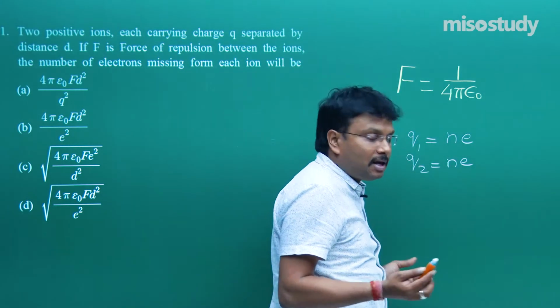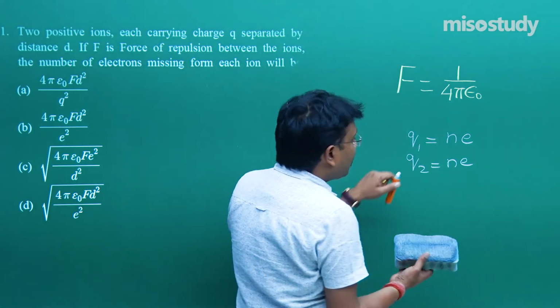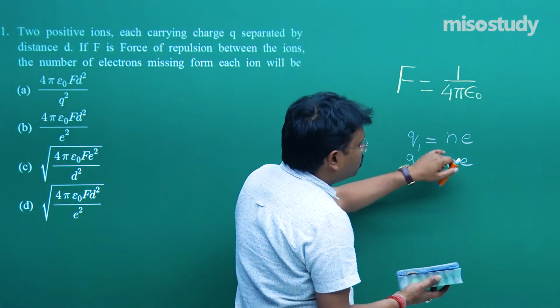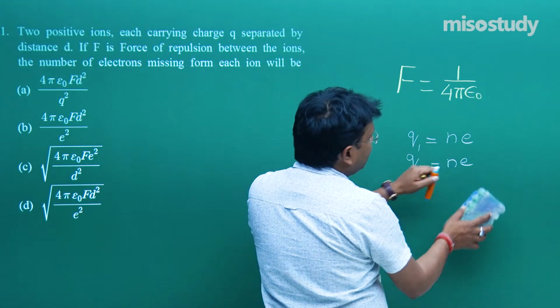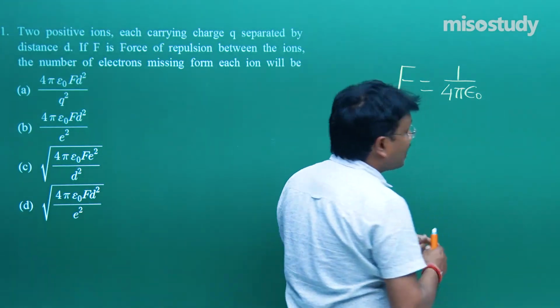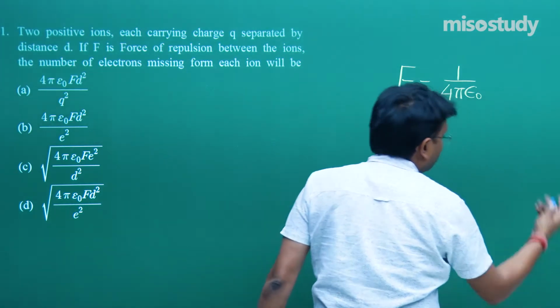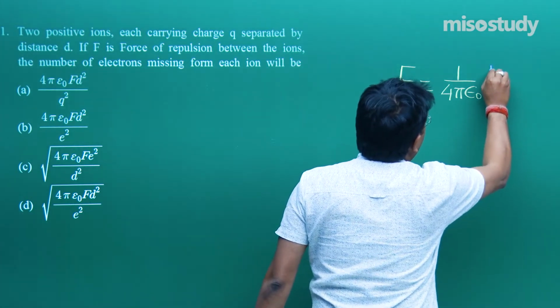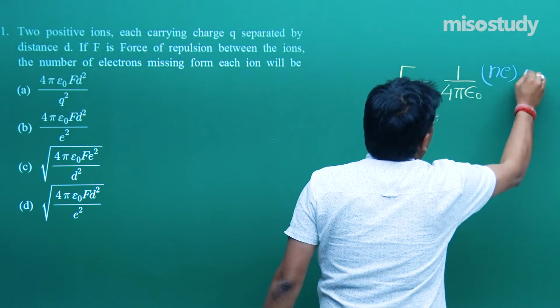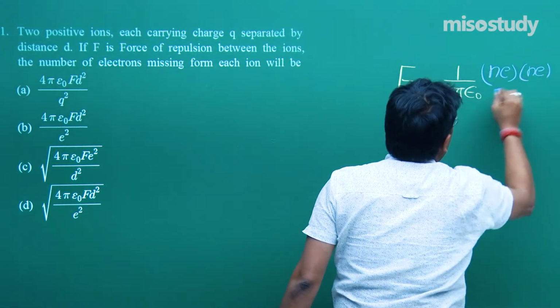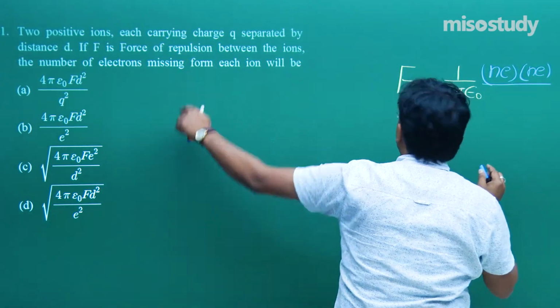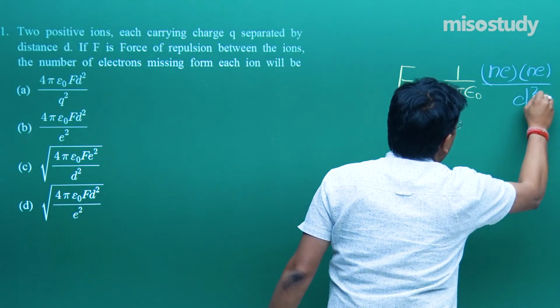So rather than Q1, Q2, I have to use Ne into Ne, where N is the number of electrons. Very good. So let's use a different color chalk, Ne into Ne upon distance d square.